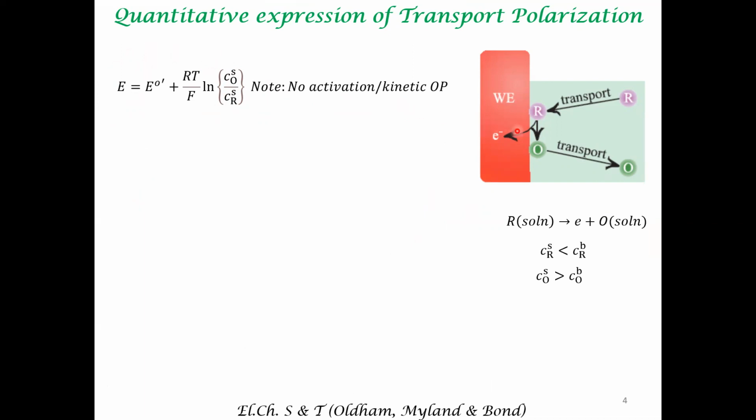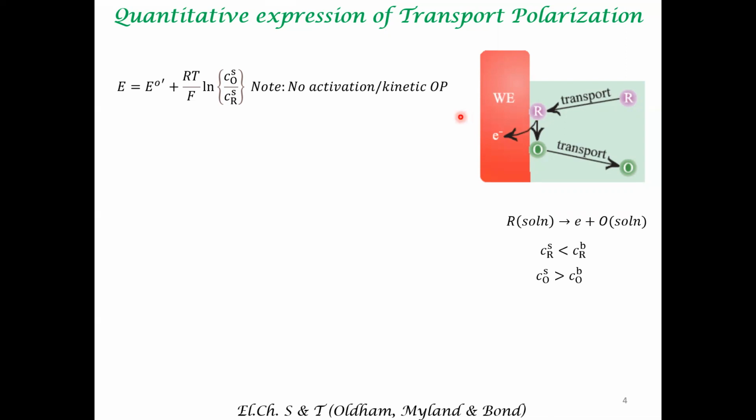There might be activation barriers associated with this reaction. That is not a topic of interest now, because we already discussed that when we looked at electrochemical kinetics, right? When we looked at the Butler-Volmer equation, especially in the case of a single electron transfer, we had looked at how to address those activation overpotentials. That's not the topic of this lecture.